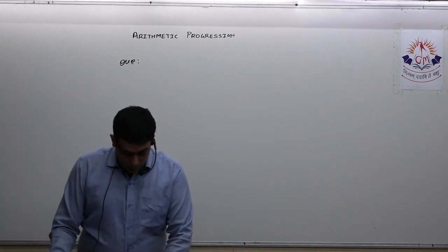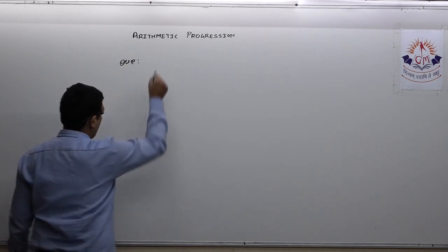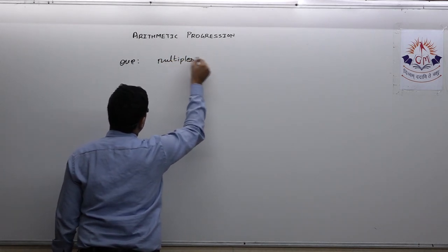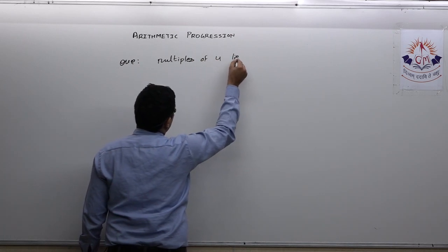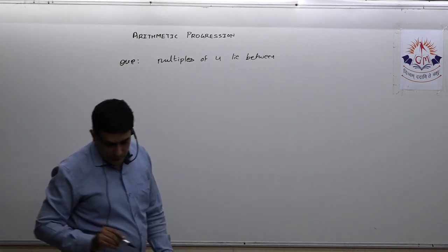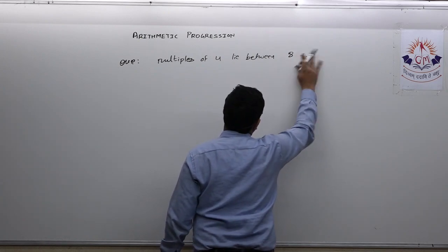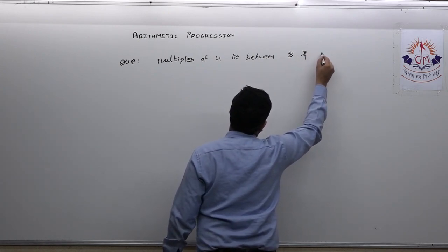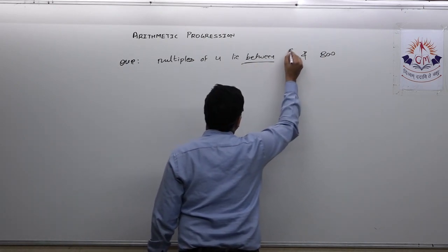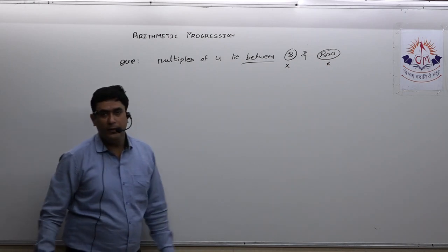Question 17: how many multiples of 4 lie between 8 and 800? As it is written lie between, that means we won't include 8, we won't include 800. That we have to take care.